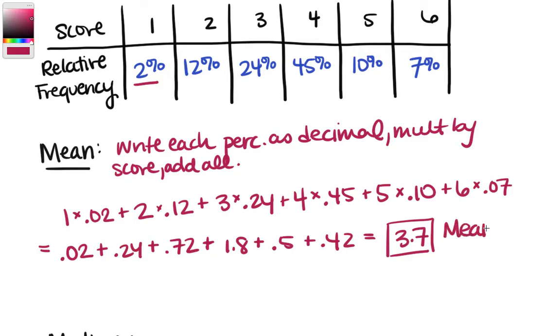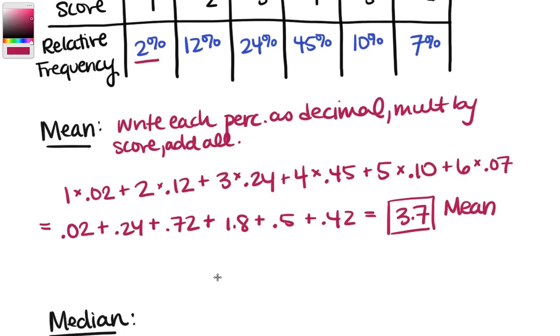So the mean, or the average score on this quiz, was 3.7, which if we think about our percentages kind of makes sense, right? The biggest percentages we see were the scores of 3 and 4, so it makes sense that that is sort of where the average would fall.